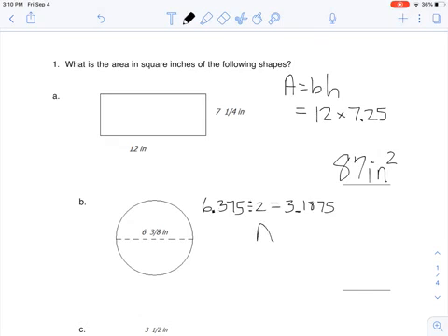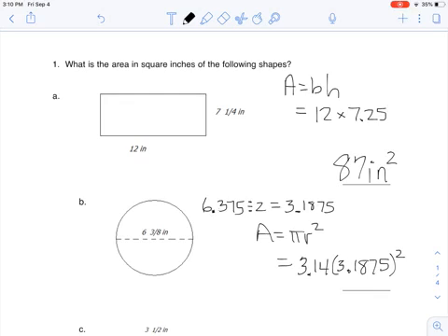And now our formula for area of a circle is pi r squared. There is a pi key on the calculator, but we are able to use 3.14 as an estimate for pi. 3.14 times 3.1875.